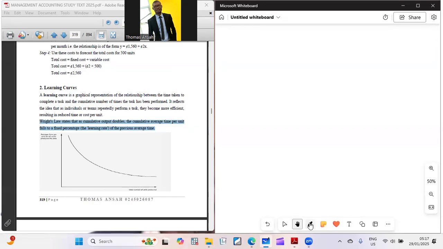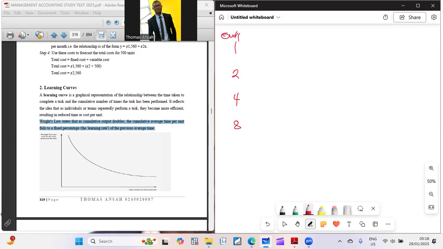So as cumulative output doubles, let's say you produce one cumulatively, it doubles to 2, then to 4, then to 8. So this is output.